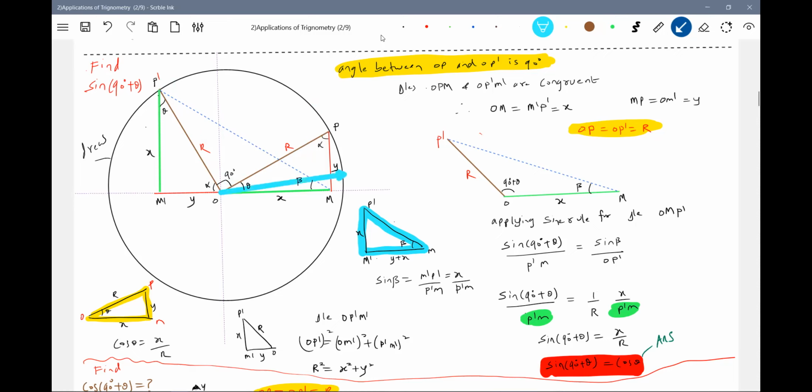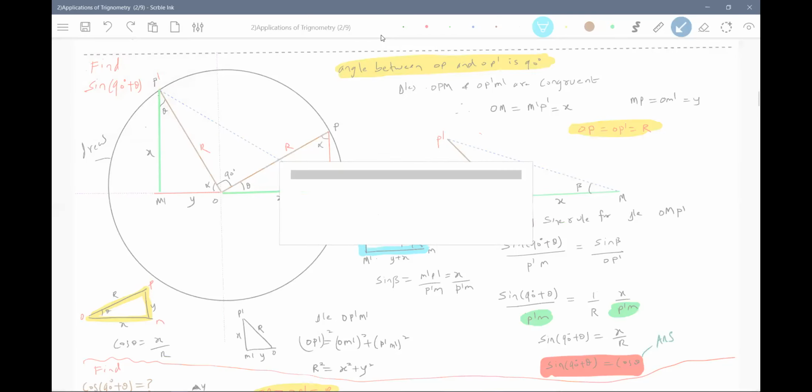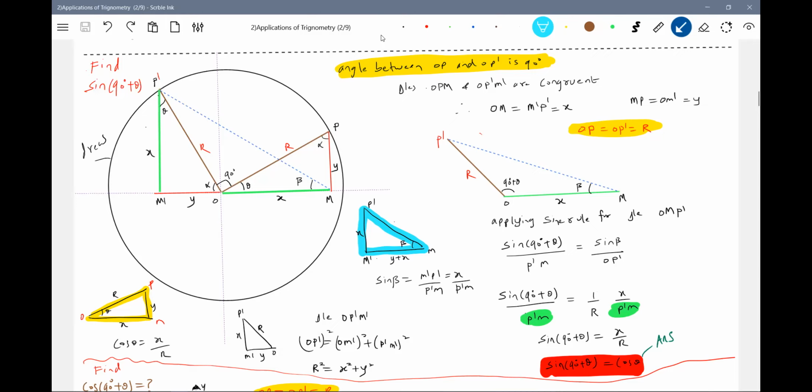This is what we have done. So earlier it was here. As this starts rotating, OP makes an angle theta. If I further rotate by 90 degrees, how much angle will it subtend with the x-axis? 90 plus theta. Now, what is the angle between OP and OP dash? That should be equal to 90 degrees.